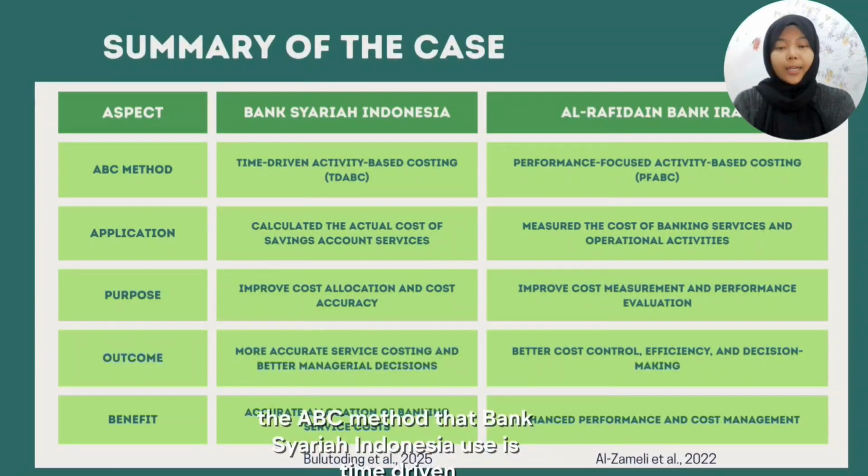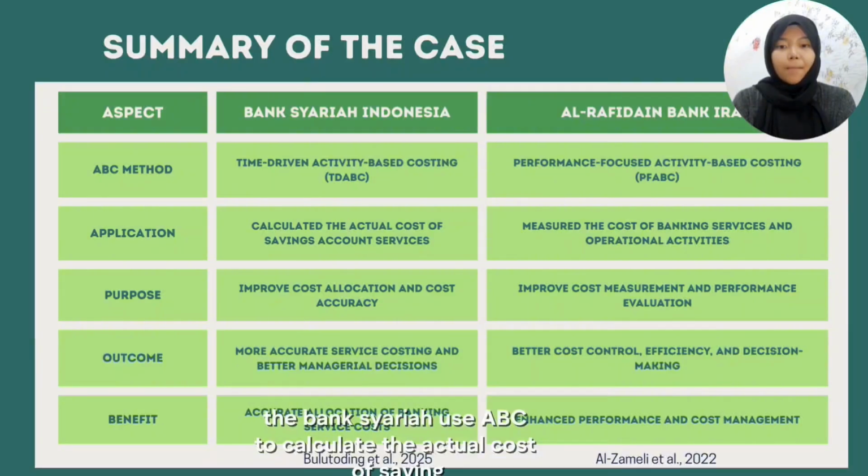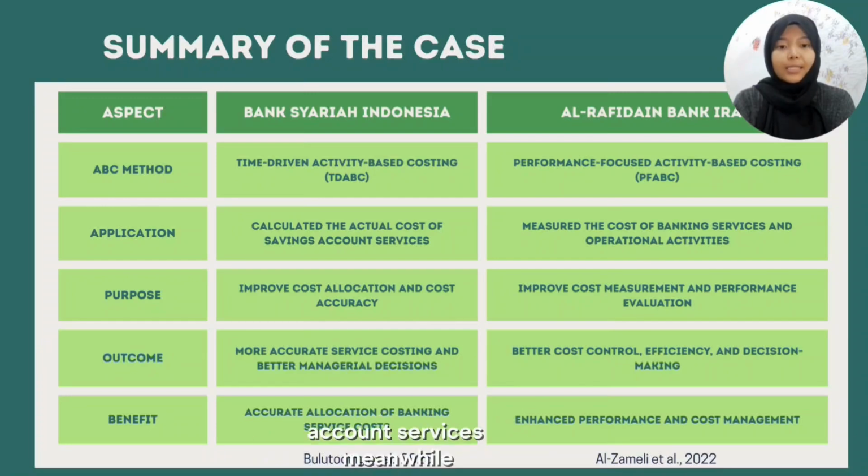The ABC method that Bank Syariah Indonesia used is time-driven activity-based costing, while Arafidan Bank used the performance-focused activity-based costing. Bank Syariah used ABC to calculate the actual cost of saving account services.